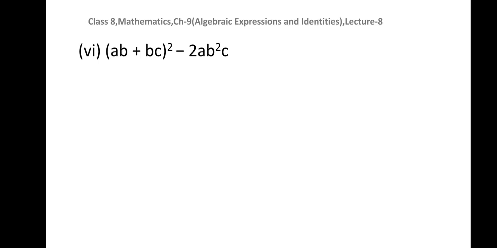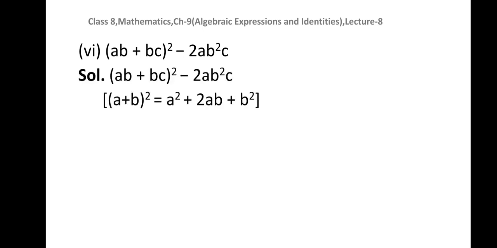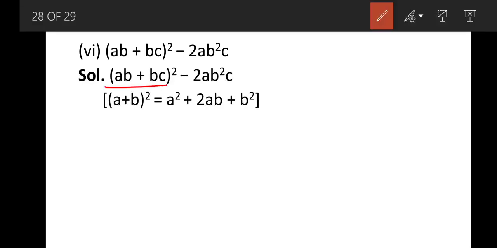Here also you are supposed to use the identities and solve it further. Now as a plus sign is there in between these two terms, I need to use identity number 1. Square is also there, so I am using identity number 1. Here a equals ab, b equals bc.